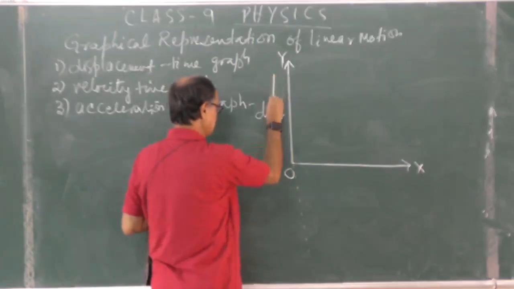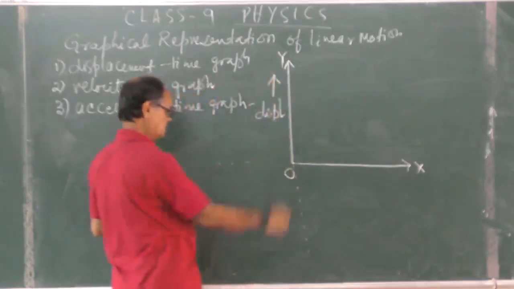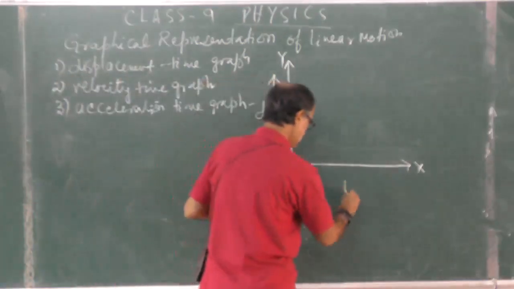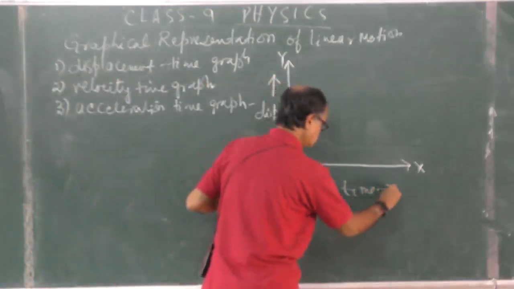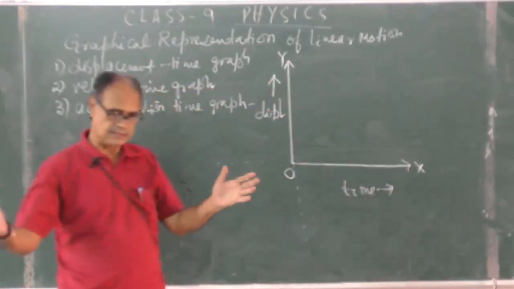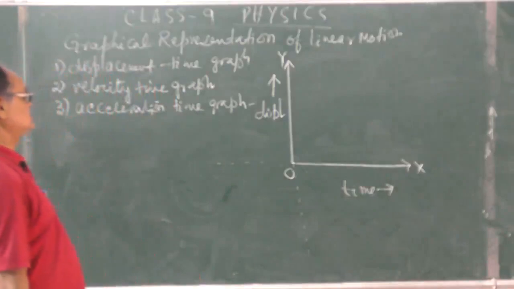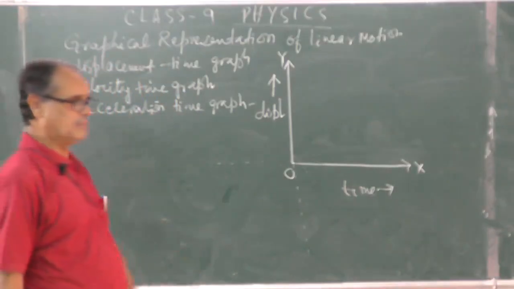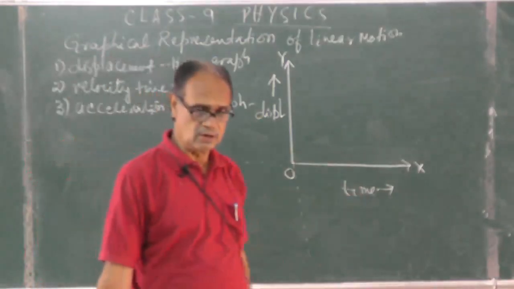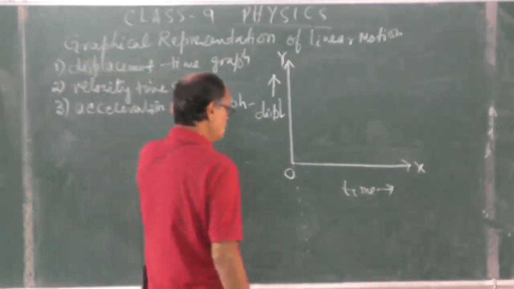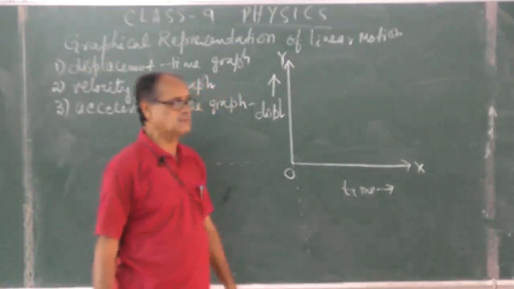This displacement will be increasing upward, and time will be the x-axis, because time does not depend on anything, time is a free quantity. So displacement is depending on time, but time is not depending on displacement. So displacement-time.